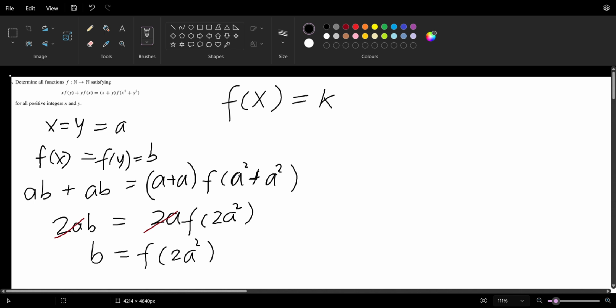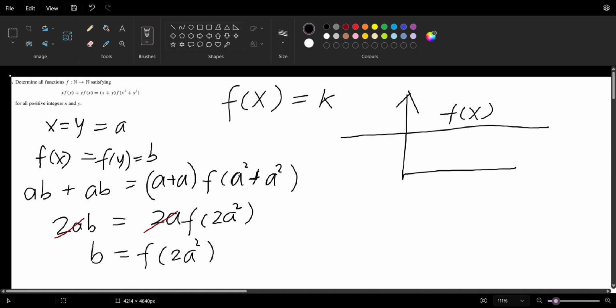So no matter the input of x, with x squared plus y squared, x cubed minus z cubed, we always get k as our answer. So this should be the equation, f of x equals k. So this is one of the functions that we are looking for.